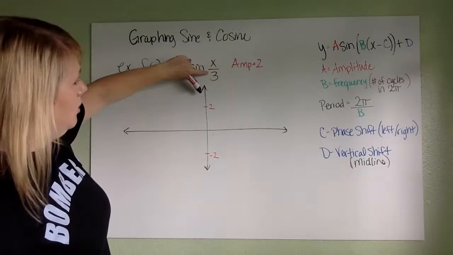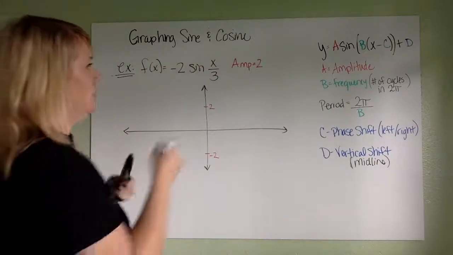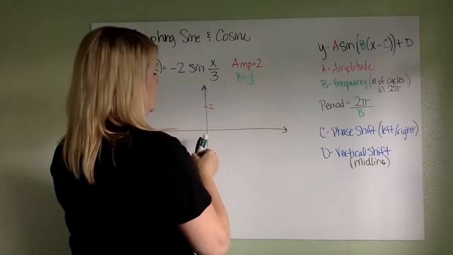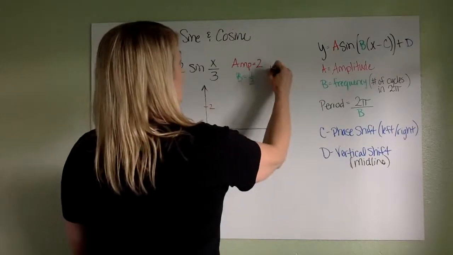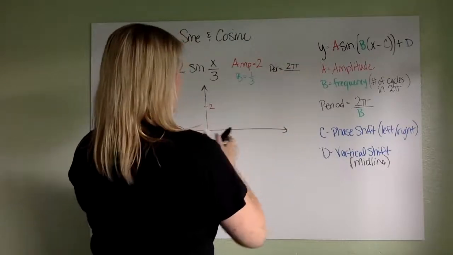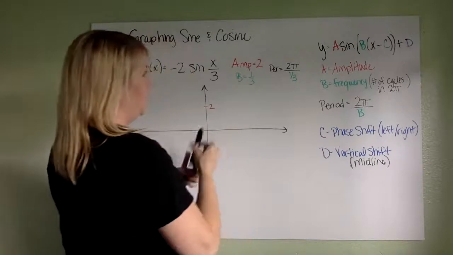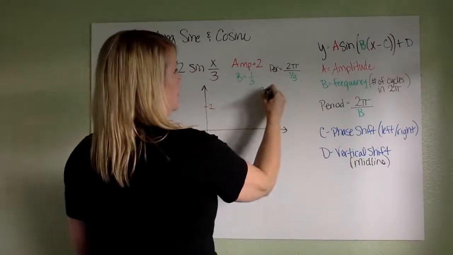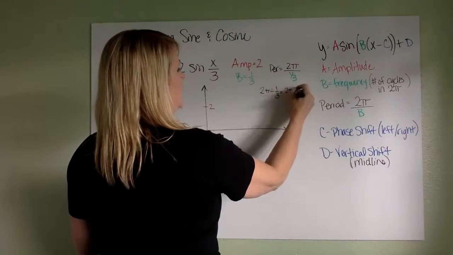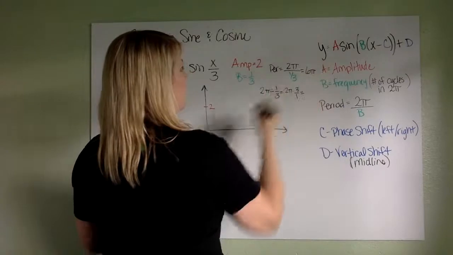So the 1/3, if you notice, this x is the same as x times 1/3, which is our B value. So when I calculate the period, 2 pi divided by 1/3 is the same as 2 pi times 3/1, or 6 pi.